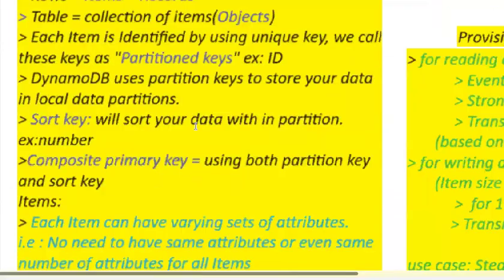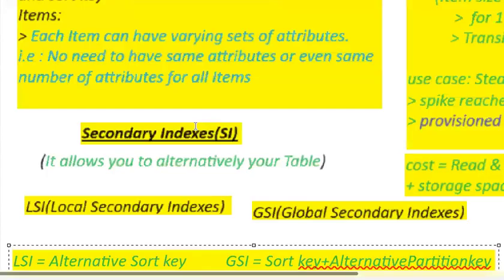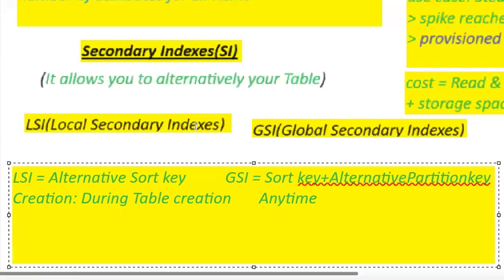By using that, it makes it an easy way to provide the response by again filtering your request. Now let's see another comparison between local secondary indexes and global secondary indexes.